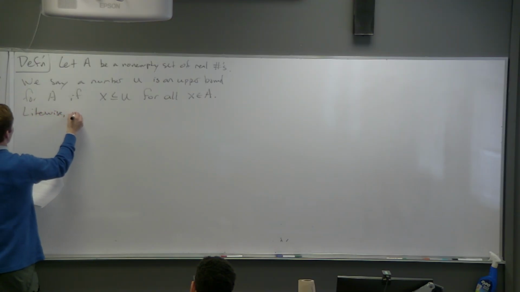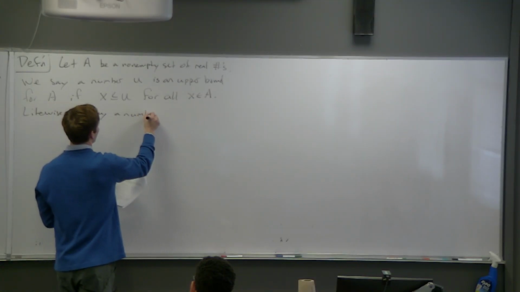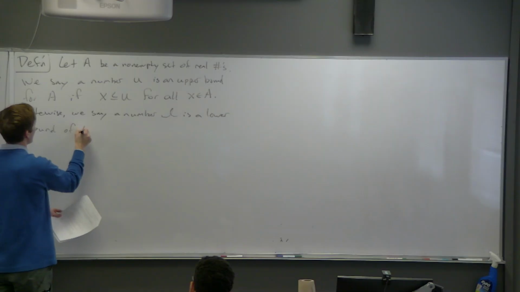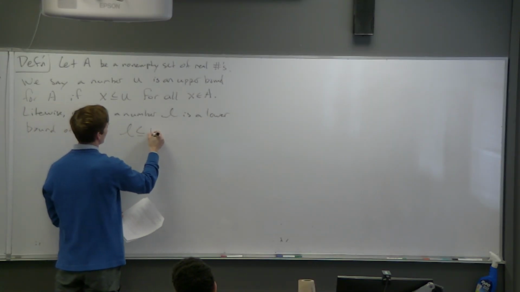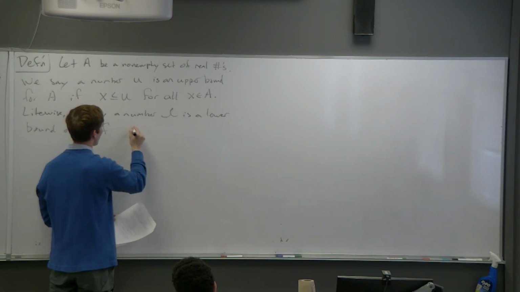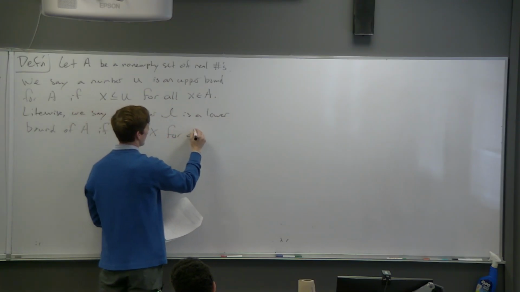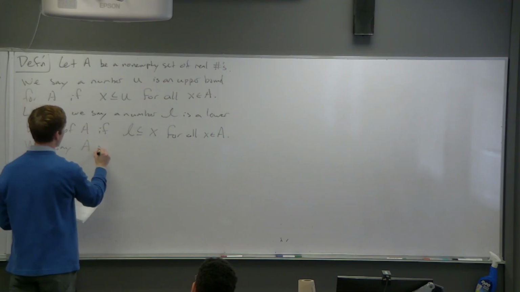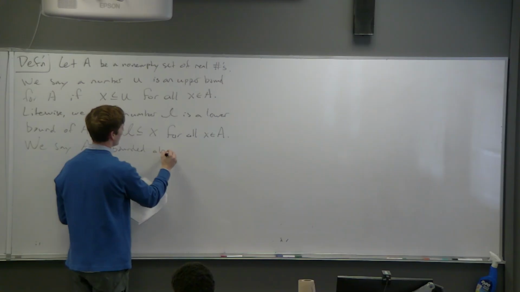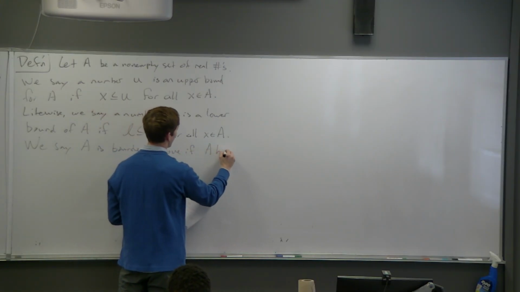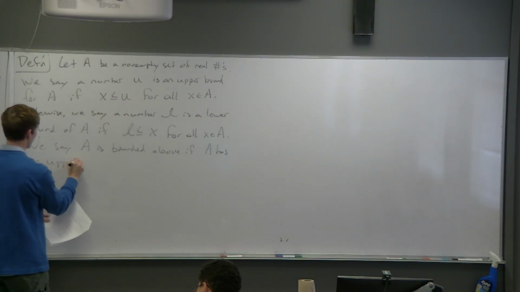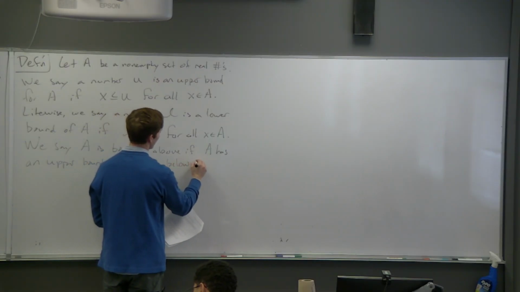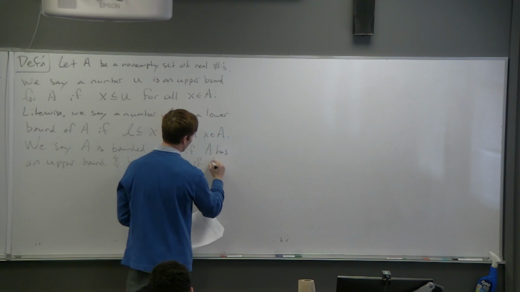Likewise, we say a number L is a lower bound of A if L is less than or equal to x for all x in A. We say A is bounded above if A has an upper bound and bounded below if A has a lower bound.